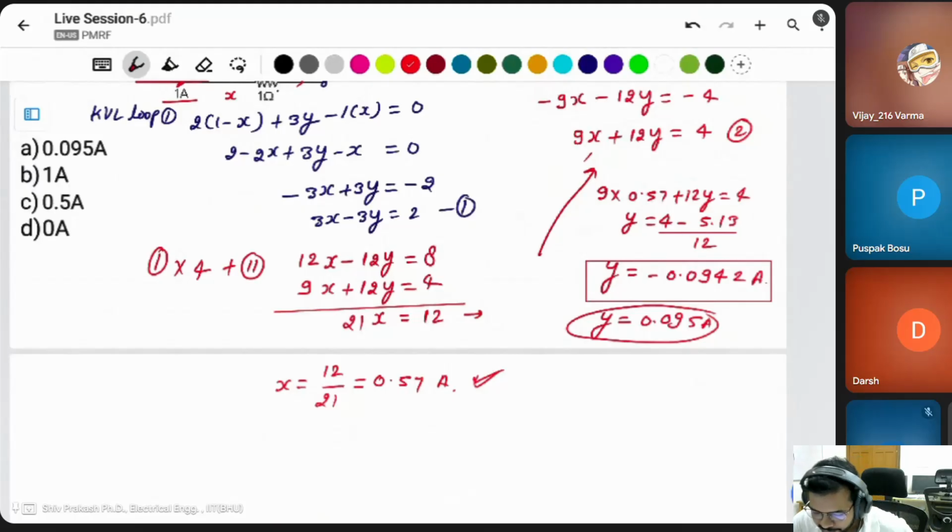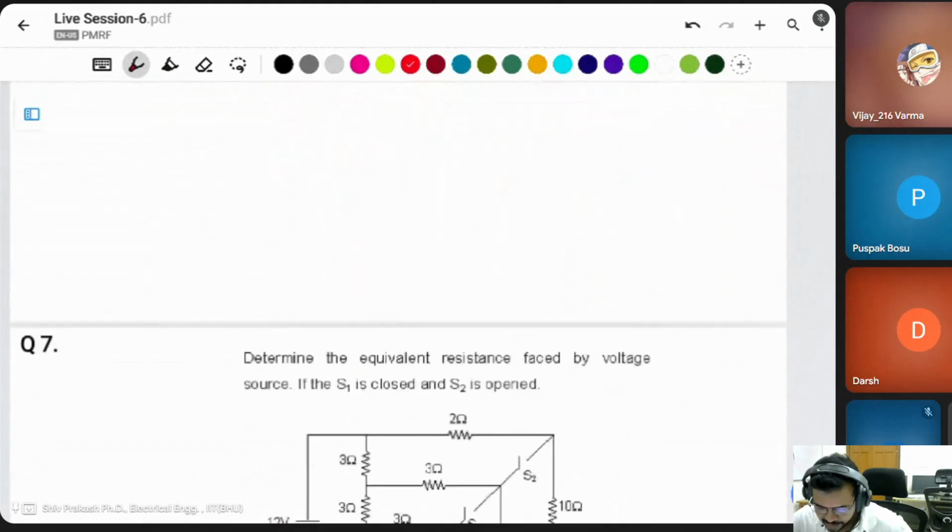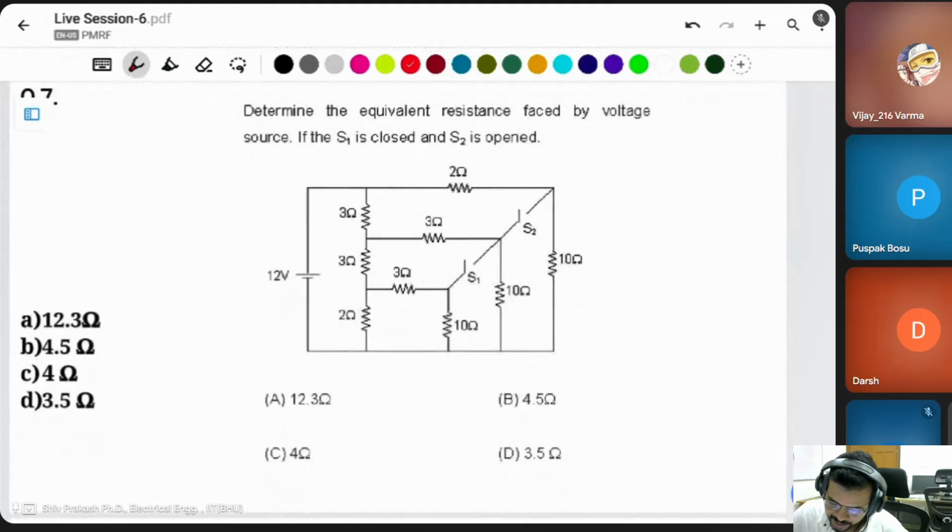You can directly multiply this one by 3 in this equation and subtract this one, then the X part is cancelled out and you will directly get the value of Y. There is no need for more calculation in this case. Directly you get the final answer Y. In this type of question, directly find that value only, not another value. Then you can save time in the examination.